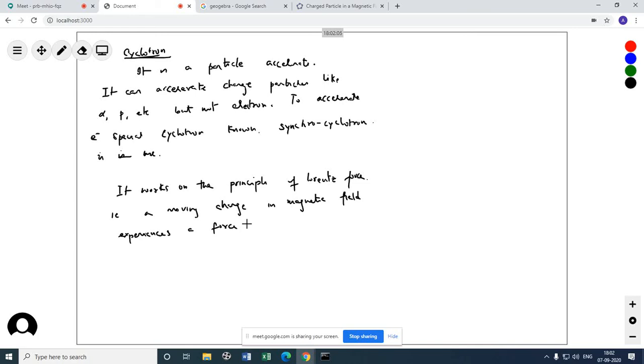Not just any kind of force: it experiences a force in a direction perpendicular to the plane of velocity and magnetic field.